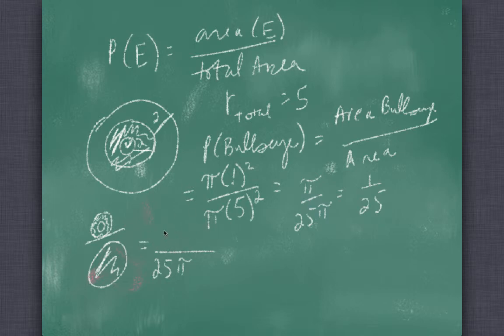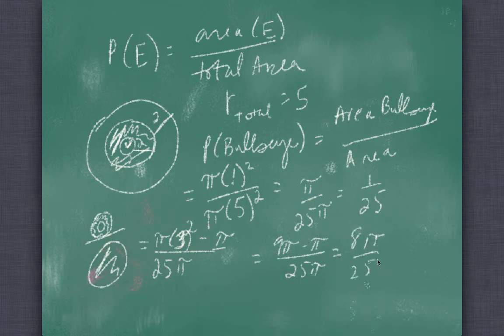So we do the area of the somewhat larger circle, which is pi times 9, 3 squared, I'll write in, minus the bullseye, which we've already calculated to be pi. So this is 9 pi minus pi over 25 pi. So if I have 9 pi's and you take one away, I have 8 pi's. 8 and 25.